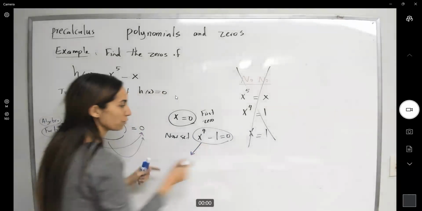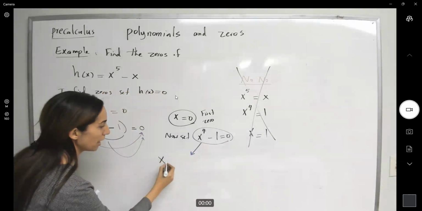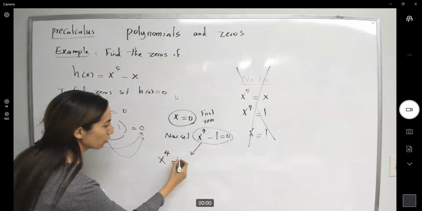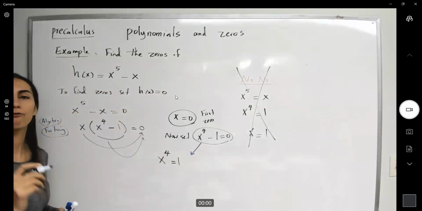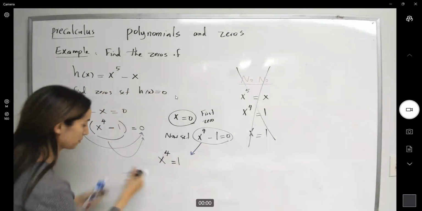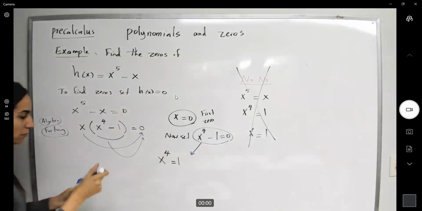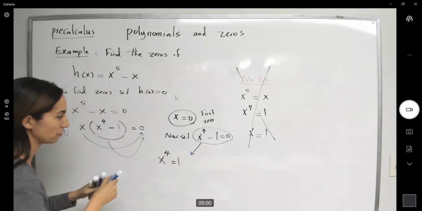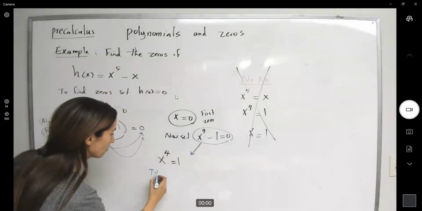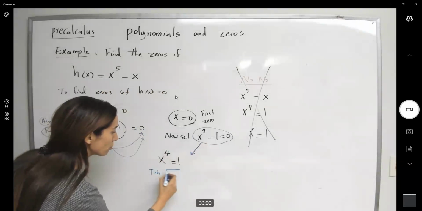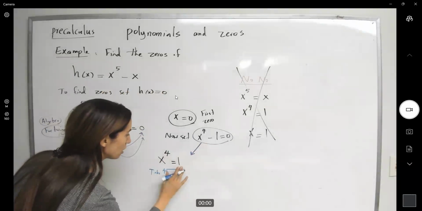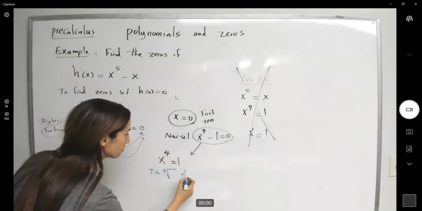Add 1 to both sides. X to the fourth is equal to 1. Take the fourth root of both sides. Now take, guys, it is not the square root. It's the fourth root of both sides.